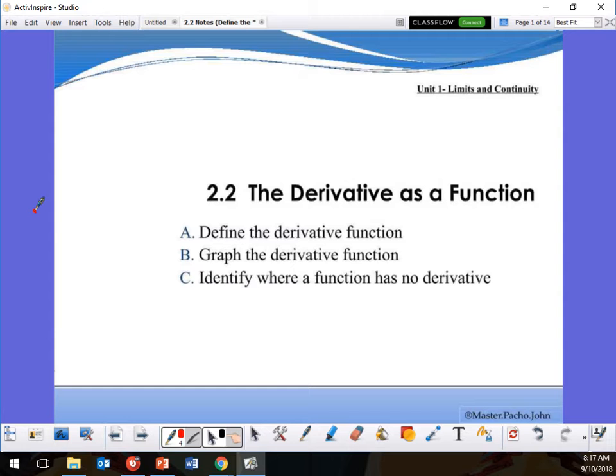Now, first, when we do a derivative at a point, what does that give me? Slope. We get slope. All these times, with the derivative, we're trying to find the slope, right? So the slope of the what?